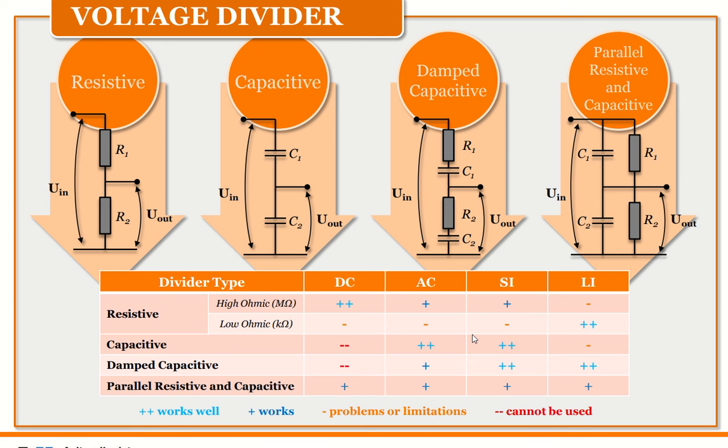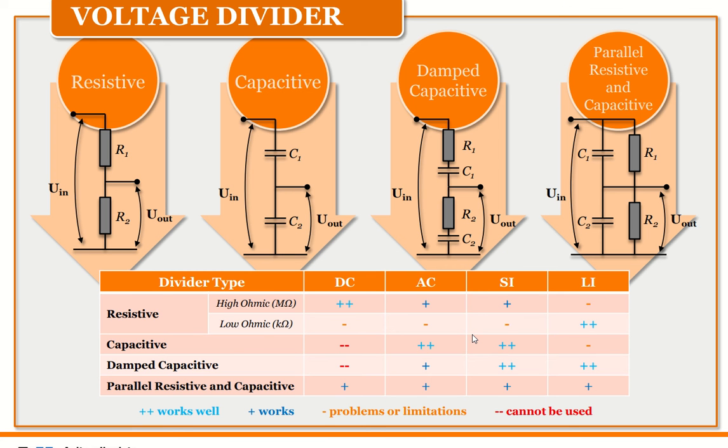According to our test, we need to energize with the DC source, the AC source, SI, which is the surge impulse, and the lightning impulse. If you want to produce the lightning impulse, you need to know which divider type you want to use.